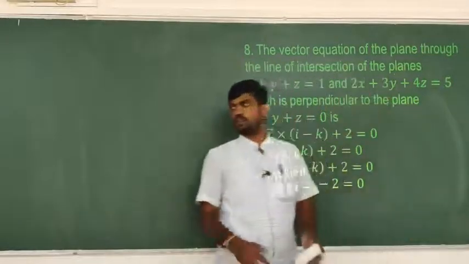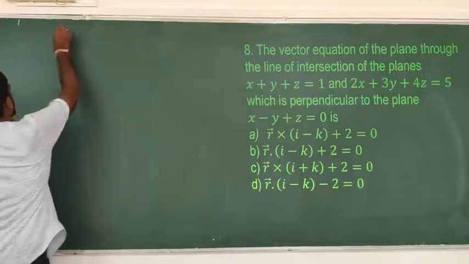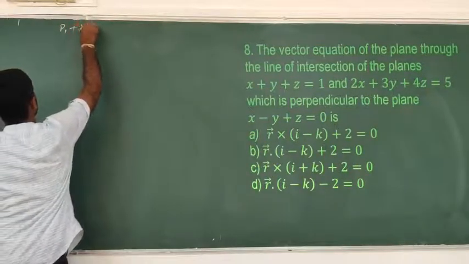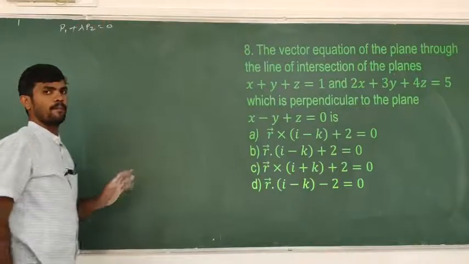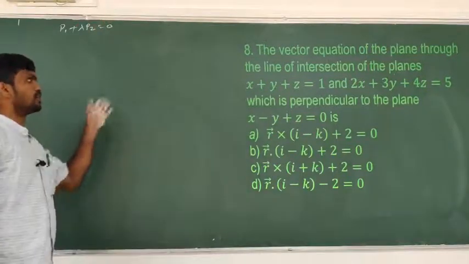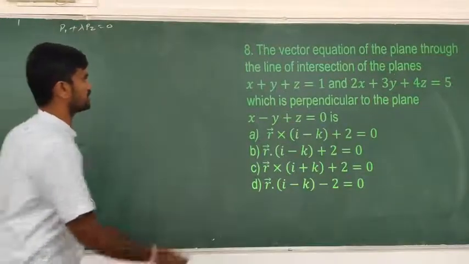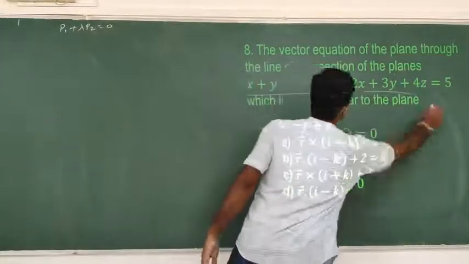So here the equation of a plane that passes through the point of intersection of these two planes P1 and P2 is given by P1 plus lambda P2 is equal to 0. Call this one as P1 and call this as P2.